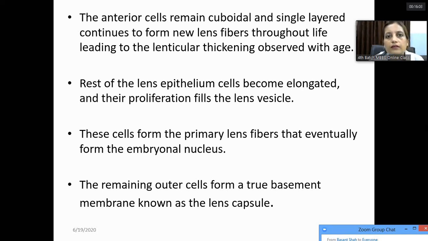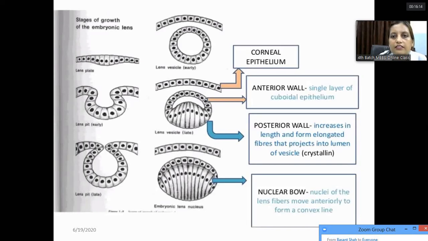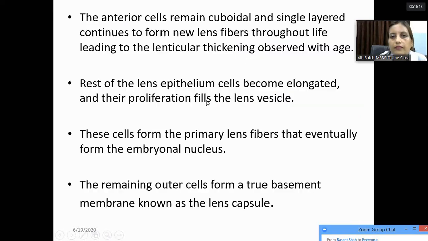So listen please. The anterior cells remain cuboidal and form a single layer of cells, like in this picture. Then the rest of the lens epithelium cells elongate and their proliferation fills the lens vesicle.